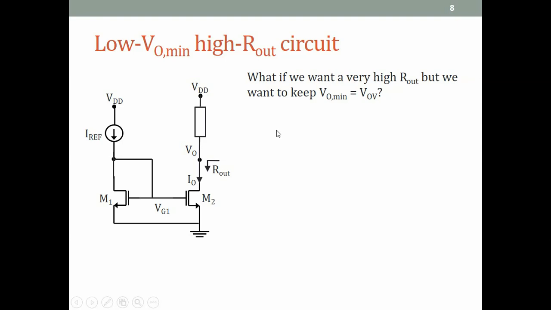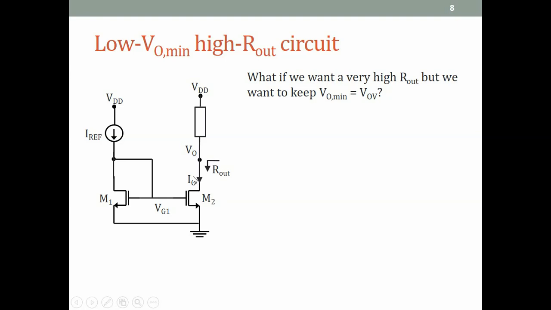So let's think about how we'll do it. What we want is, if there is a small increase in VO, in this circuit, IO will change by an amount equal to delta VO divided by the ro of M2. Now we are saying we want IO to change less, so that the Rout becomes higher.